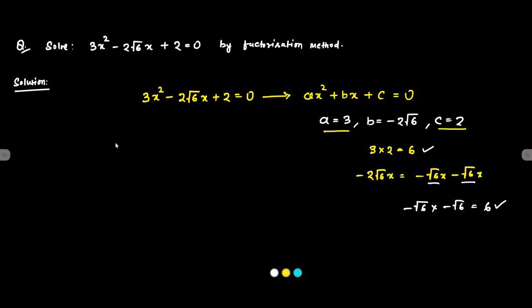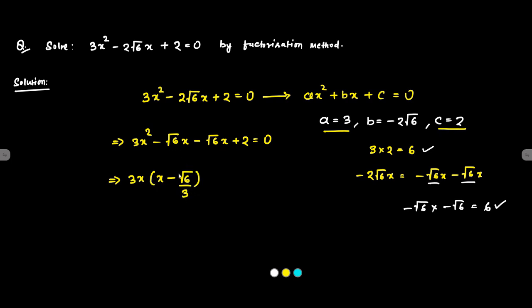So let us perform the split. 3x square minus root 6x minus root 6x plus 2 is equal to 0. Now the turn of factorization. Taking 3x common, 3x into x, so 3x square, minus root 6 by 3, this root 6 by 3.